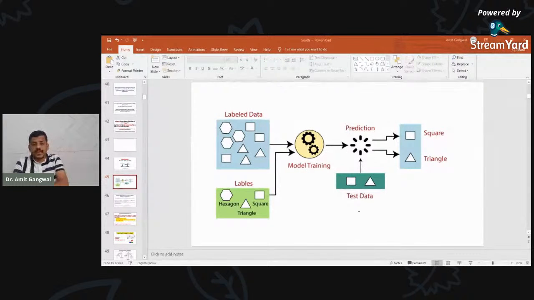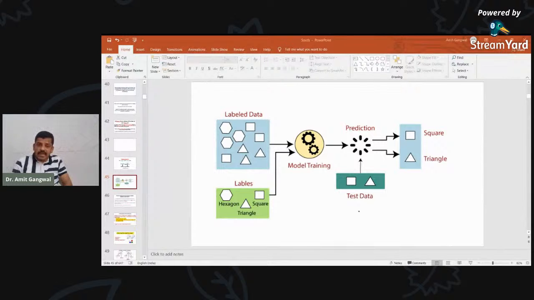So in the figure, you might be seeing there are two boxes on the left. The upper box contains various images or various shapes. The green box below shows the name or the label or the output for those images. For example, the 6 sided image is called hexagon, 4 sided is called square, and the third one is triangle.